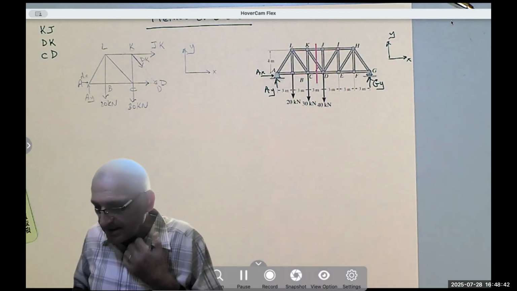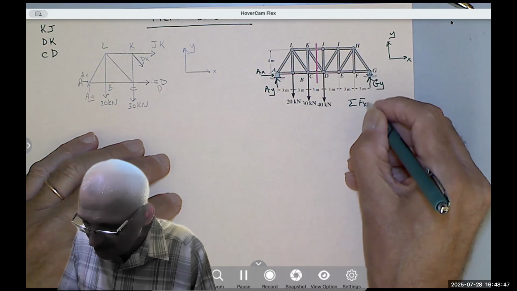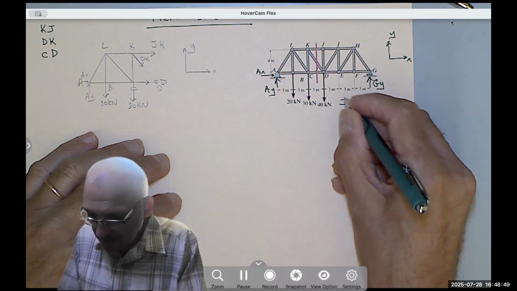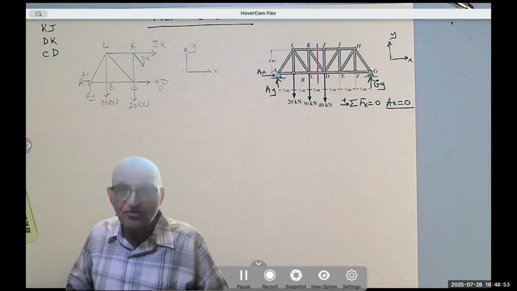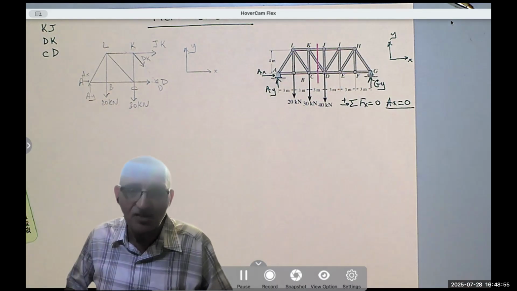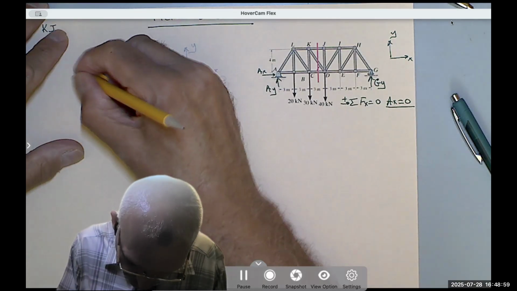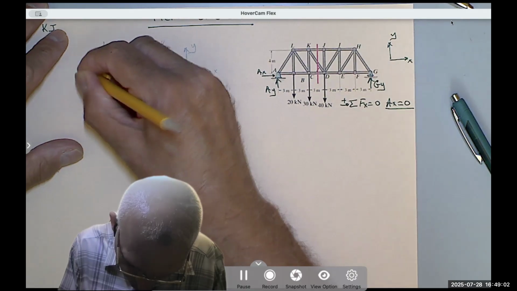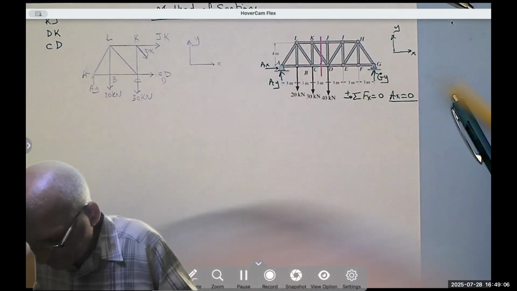From the summation of the forces in the X direction equals 0, AX equals 0. There are no external forces in the X direction, so AX must be 0. It's not resisting anything.